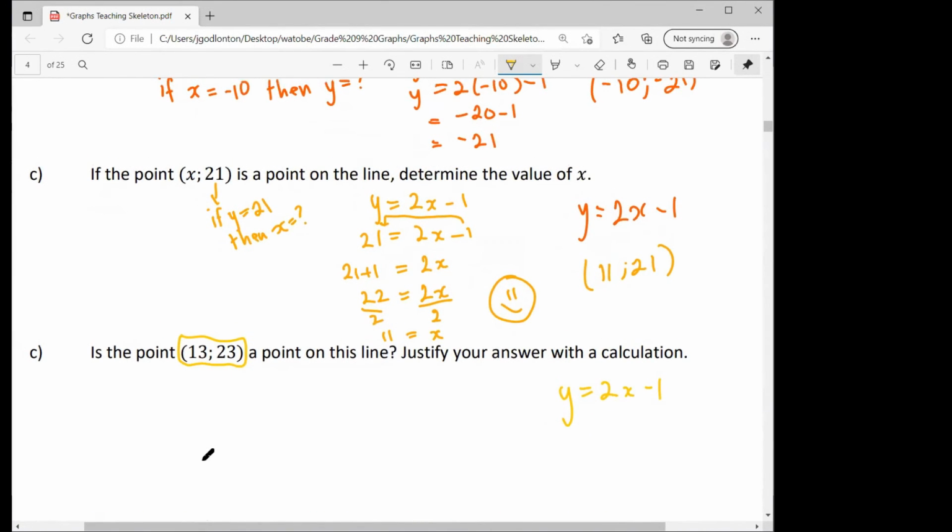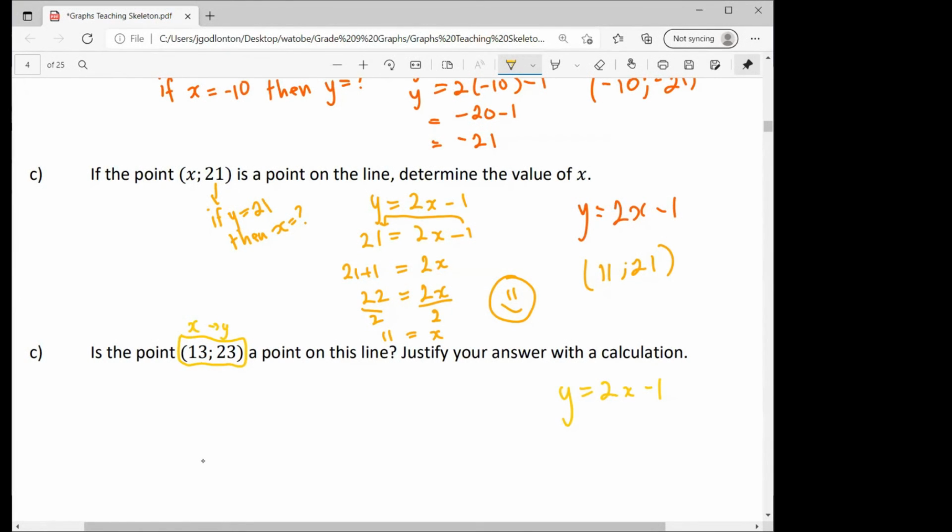Okay, I want to talk through this one just for those of you who are feeling completely lost with this question. Let's just talk through it nice and slowly. If I want to know if this point is on the graph, remember every x has its own y. They're like a married couple. We can't take them away from each other. So I want to find out, does this y belong to that x?